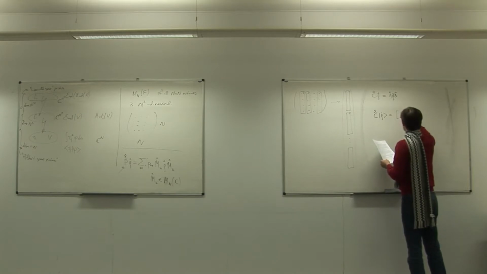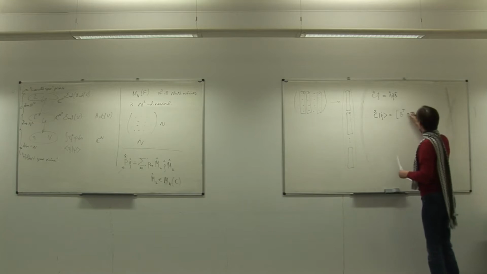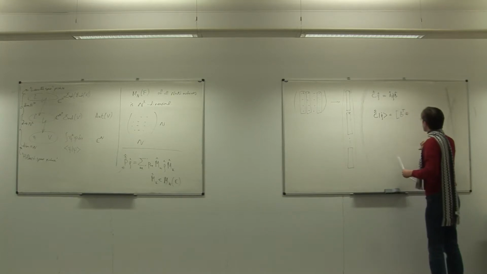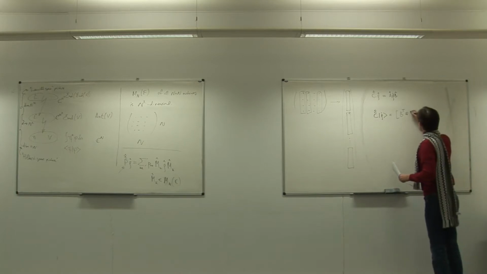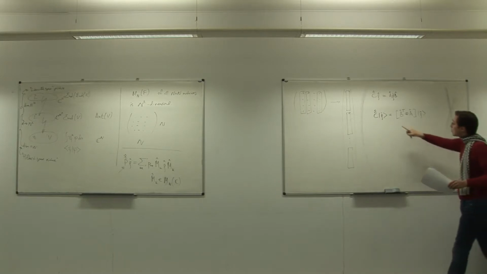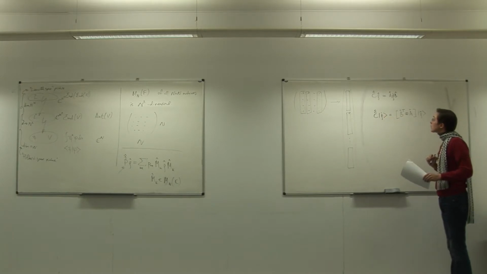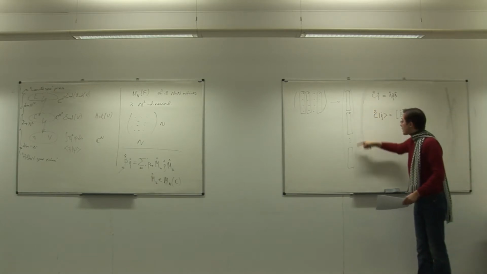It's B transpose, not conjugate transpose, just transpose, cross direct product of the kind that we saw in the previous lecture, A, rho. So a very simple thing, where the rho vector is obtained from the rho matrix by column-wise stretching of the elements.